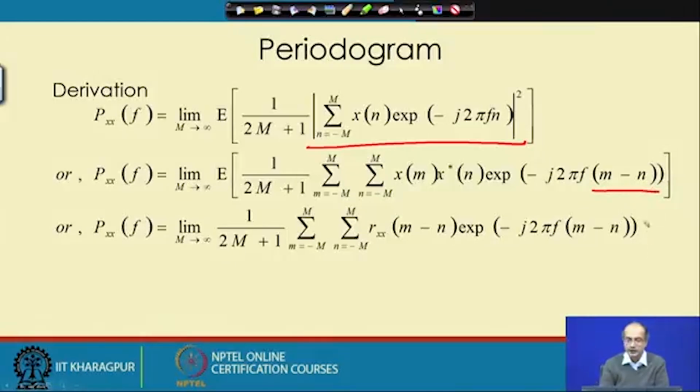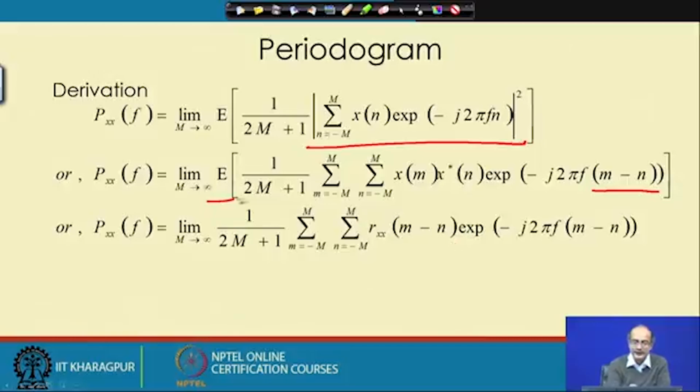Okay. So, we get an expression like this after simplification or getting rid of the square term. Okay. We get a quadratic term like this involving x m and x star n. Now, let us look at the expectation operator, what is there. Now, the expectation operator will work on the random variable, the rest of the things do not change with the probability space.